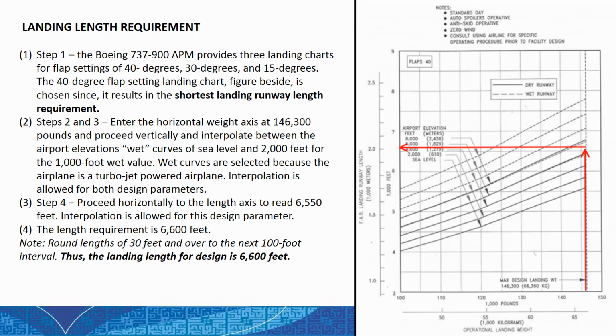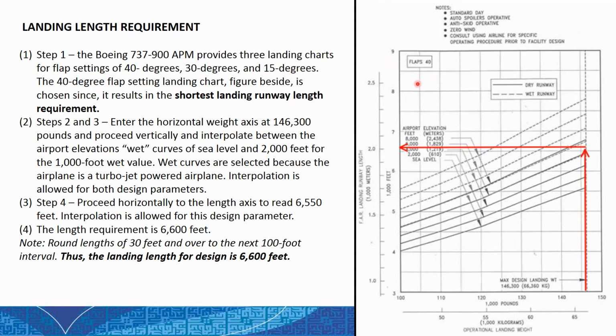So first we will determine the landing length requirement. The Boeing 737-900 actually provides three landing charts, for flap settings 40 degrees, 30 degrees and 15 degrees. We will just use the 40-degree flap setting landing chart like here.